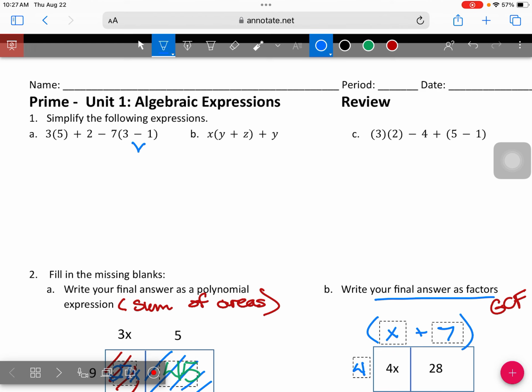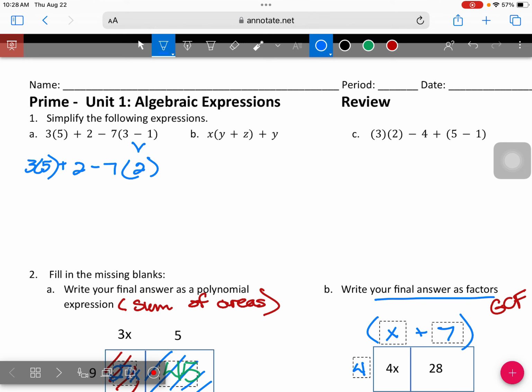Remember, if you can do what's in parentheses, please do that first. Don't start distributing. That's where a lot of you get in trouble, because you'll get probably an incorrect answer. But here, parentheses first, that is 2, and do 1 operation per line. That's what I think is best.